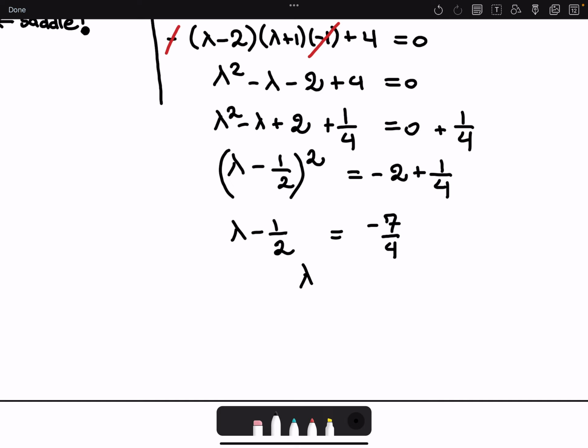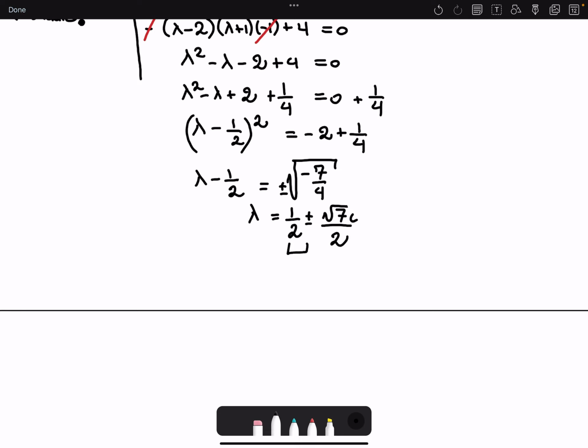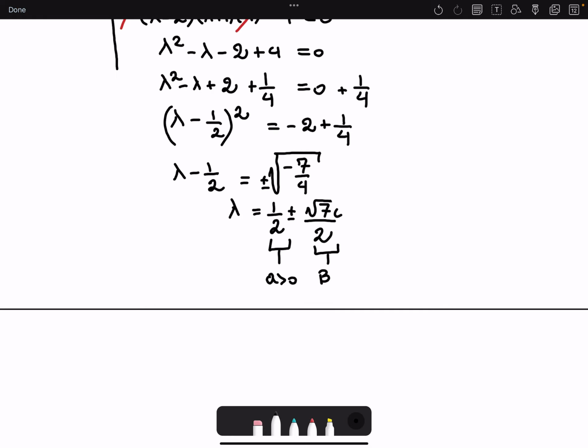So lambda, and remember we're taking the square root, is equal to 1/2 plus or minus the square root of 7i over 2. So we have a positive real part and an imaginary part, which means that this is going to be an unstable spiral.